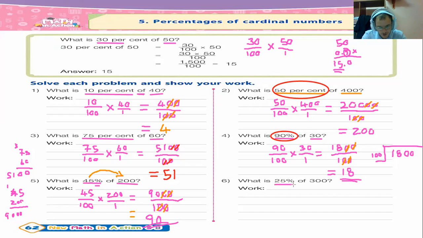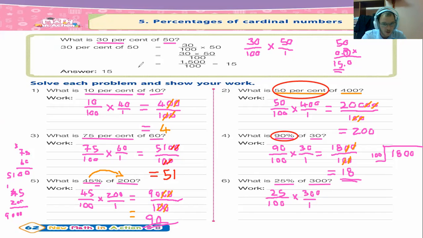So the last one, 25% of 300. 25% of 300. So here we go. It's 25 over what? 100. Yes, 25 over 100. Multiply by 300 over 1.